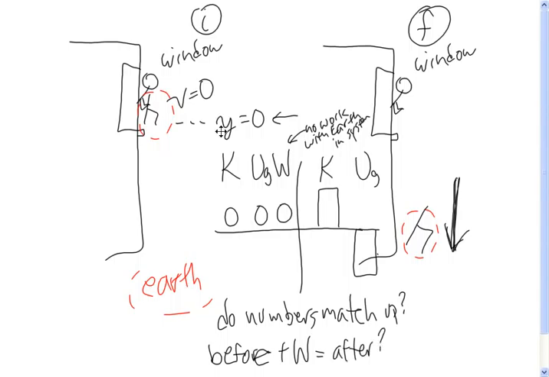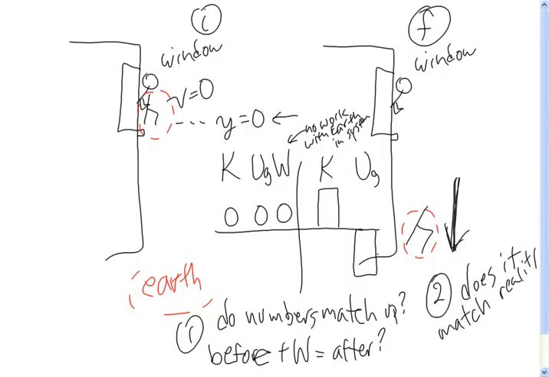In this case, it clearly does. Total 0 equals total 0. And does the chart match reality, for the system choices we've made and for the moments in time we've selected? And we're looking good here.